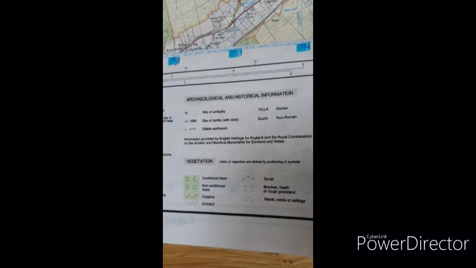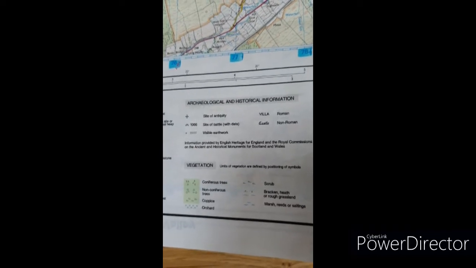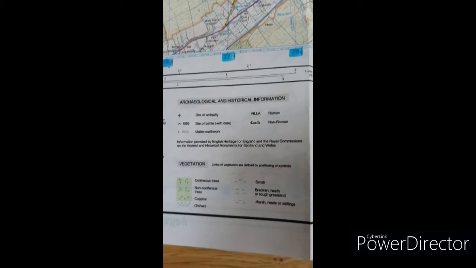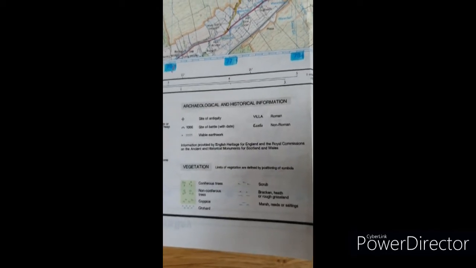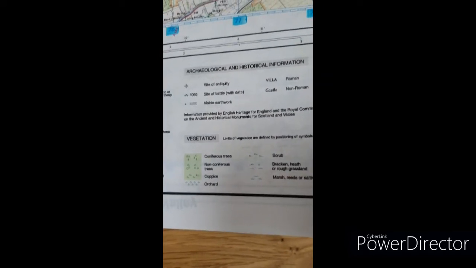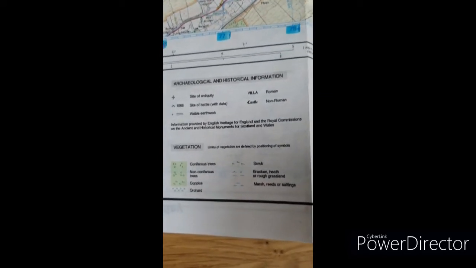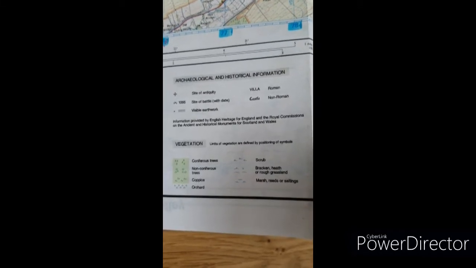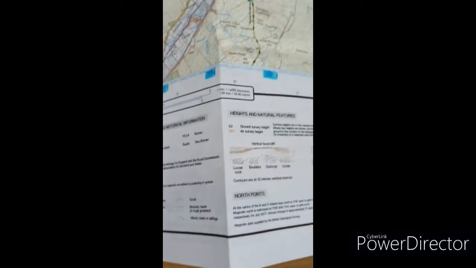Got your archaeological and historical information that tells you where the castles are and sites of battles even. Different types of vegetation, what they are, so that'll help. If you're going for a route through the winter and it's on the map as being marsh, reeds or saltings, chances are it's going to be really wet.